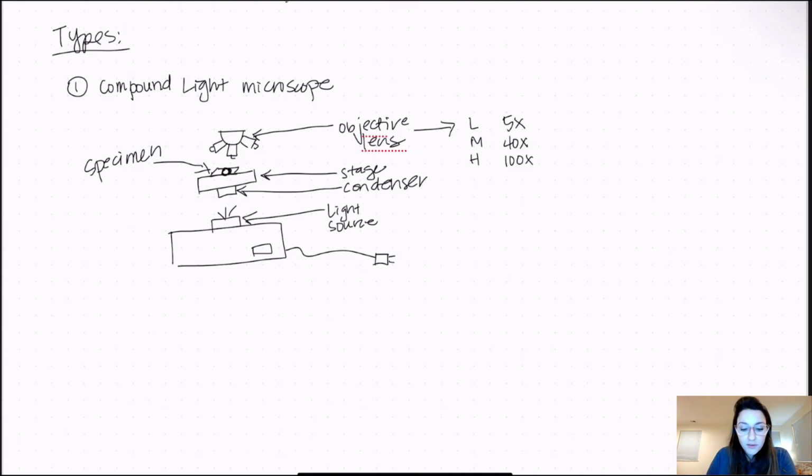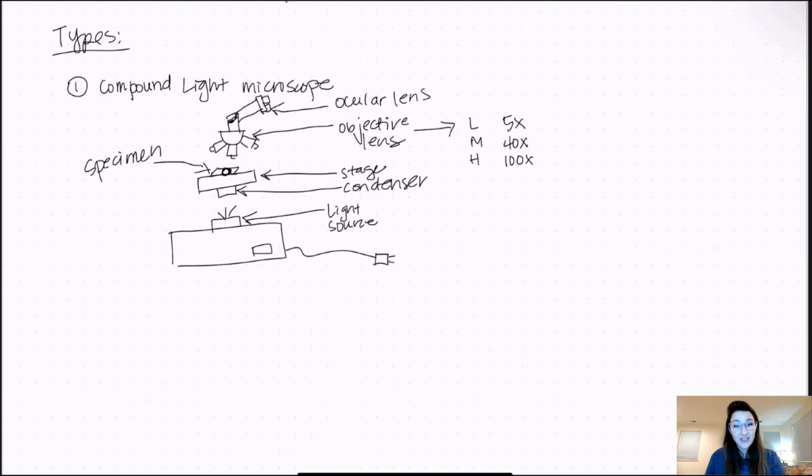So all of those objective lenses display that image, which then hits a mirror that hangs out in here. There's a little mirror in there, and then that's where we see it through. We have these little eyepieces. Those are the ocular lens, and that's what we see through.